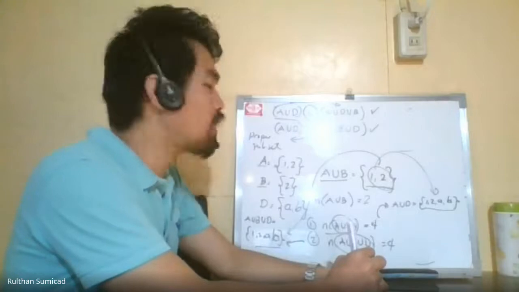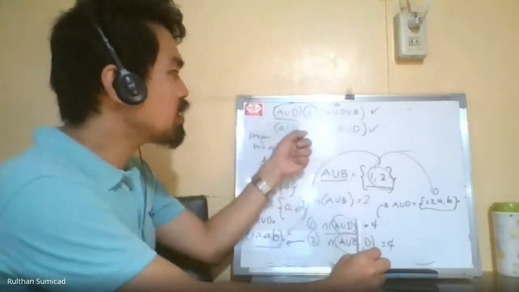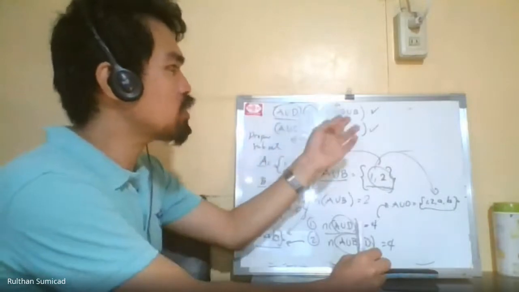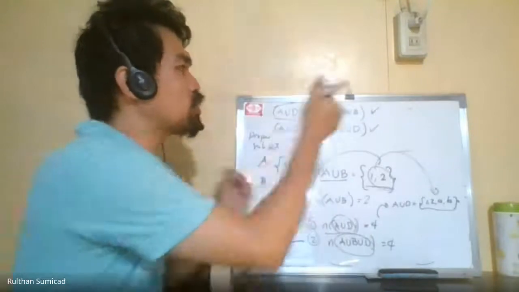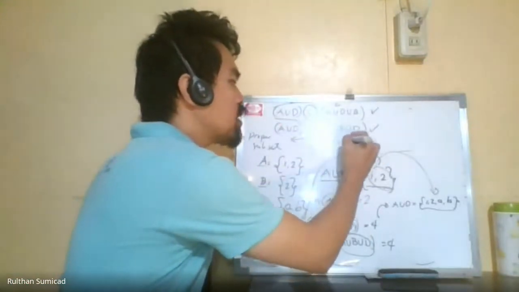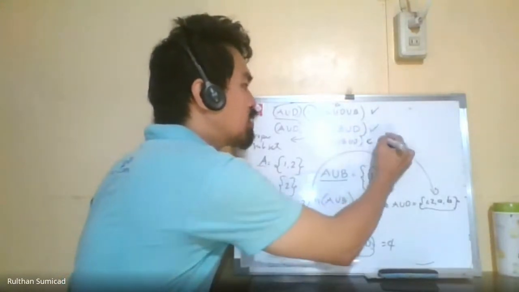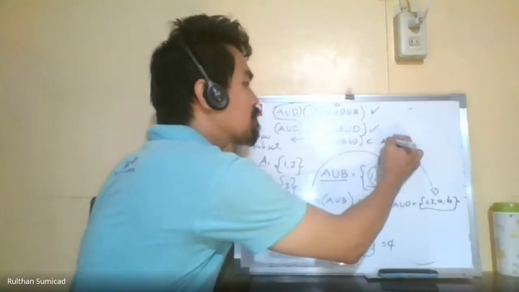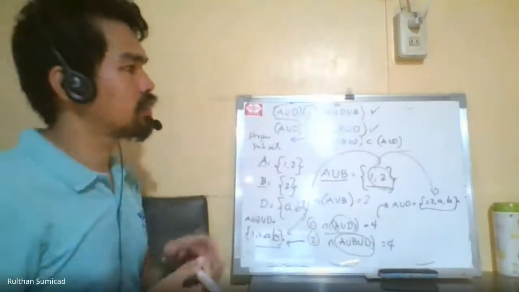Yeah, A union D is a proper subset of A union B union D. But my question is, if we're going to reverse the order, we're going to have it like this: A union B union D is a proper subset of A union D. Is it true or false?